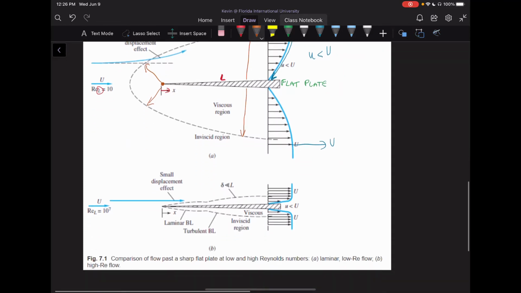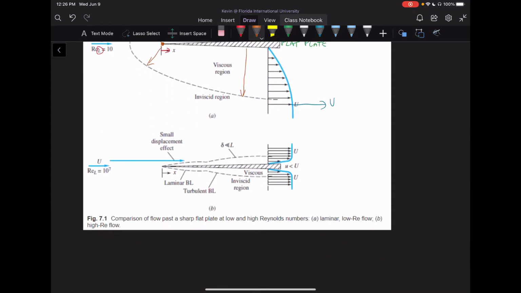Now, in another instance, if we think of air going past a flat plate at a very high Reynolds number, meaning that we have a very fast flow or a flow with a very low viscosity, we see that the effects are much smaller.